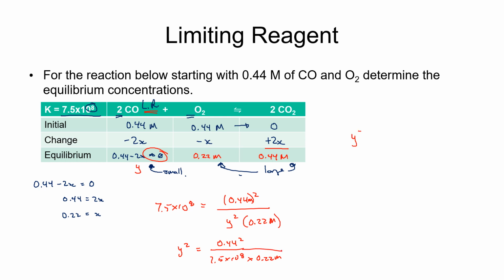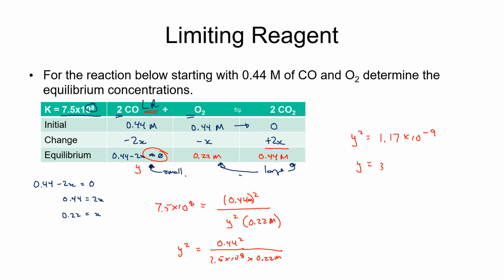So that means y squared equals, let's work it out, 0.44 squared divided by 7.5 times 10 to the 8th, and also divided by 0.22 equals 1.17 times 10 to the negative 9. And then y will be the root of that, so shift root.